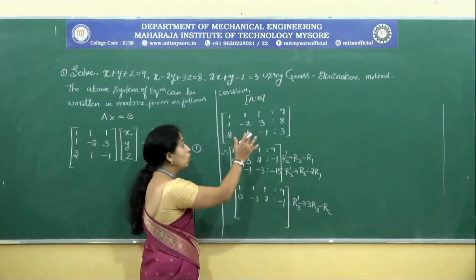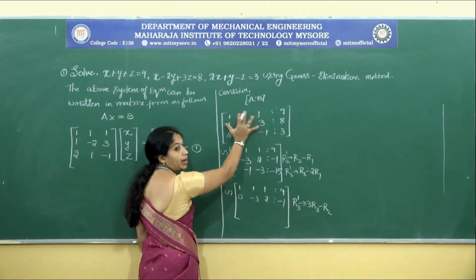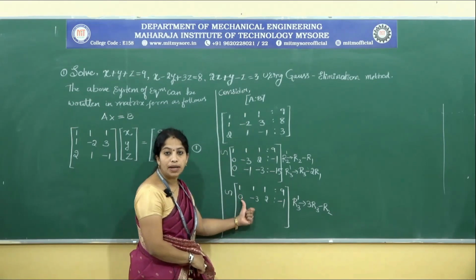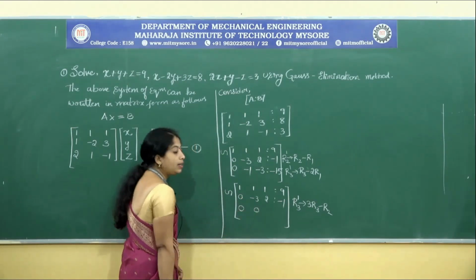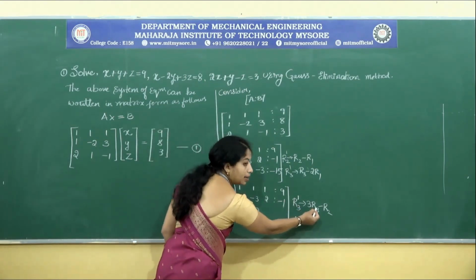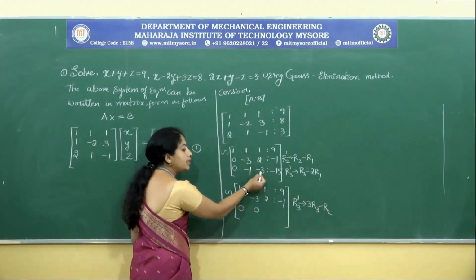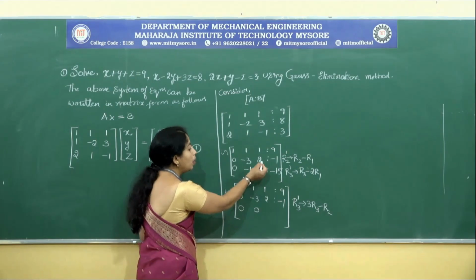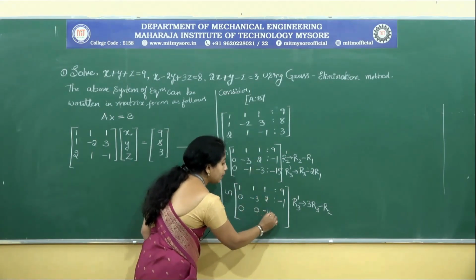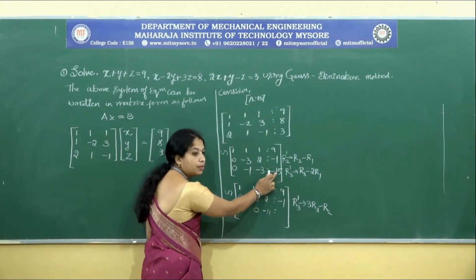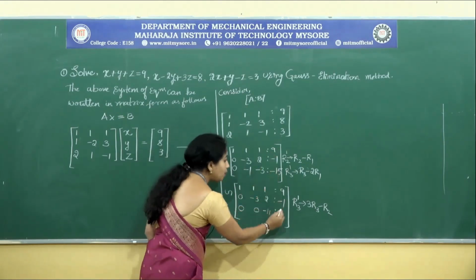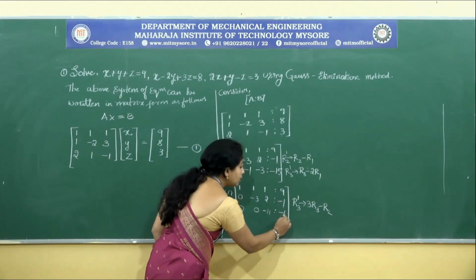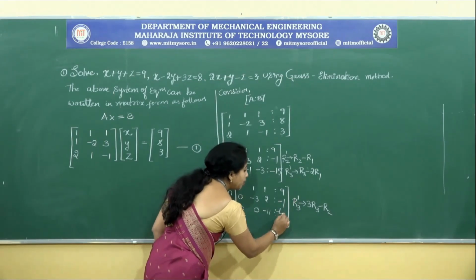What we are doing is reducing this coefficient matrix into an upper triangular matrix. Now these two elements are zeros. R3 dash equals 3 times R3 minus R2, that is 3 into minus 3 is minus 9, minus 2 is minus 11, again 3 times R3 means 3 into minus 15 is minus 45, minus 45 plus 1 is minus 44.